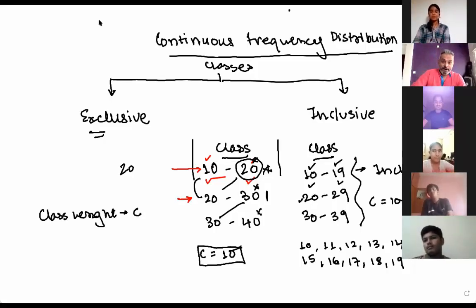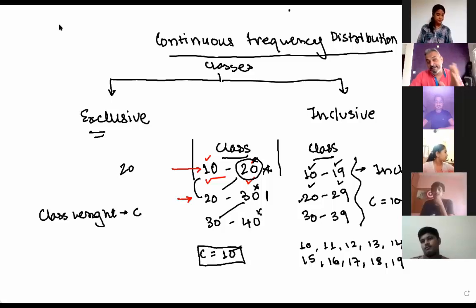Okay, great. Now let's start with some typical sums of frequency distribution. So we'll start with the illustration. It's a typical illustration, so I've picked up a question which I will be solving.